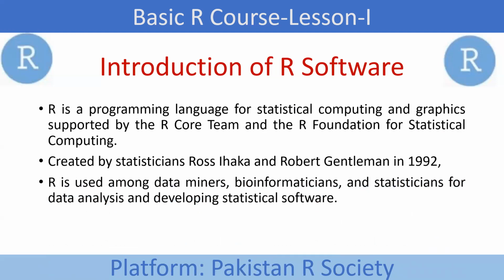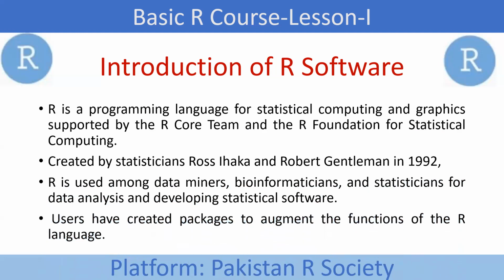It does data mining, statistics, and developing software. It has a lot of packages and functions with which R can deal with and manage data. This is based on the S language, modified into R software, and it has packages and functions to deal with different statistical work and graphical presentations.